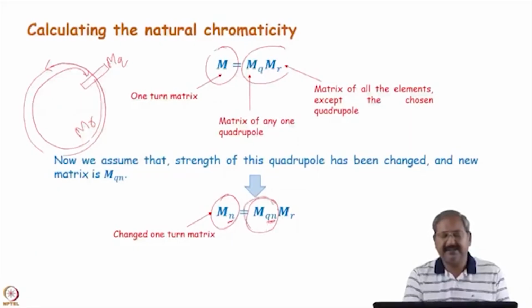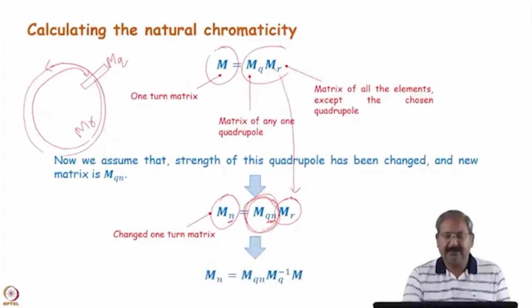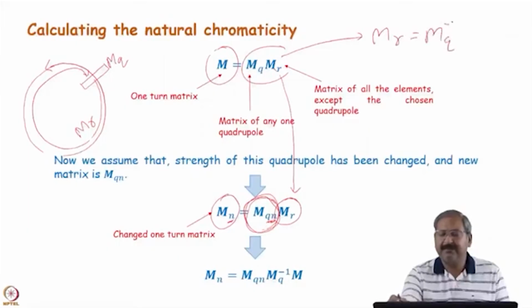This matrix is of the quadrupole with changed strength. MR, the rest of the matrix in this synchrotron, will remain the same. So MR is the same as it is here. So we can put the value of MR. Here you can say that MR is equal to MQ inverse M.